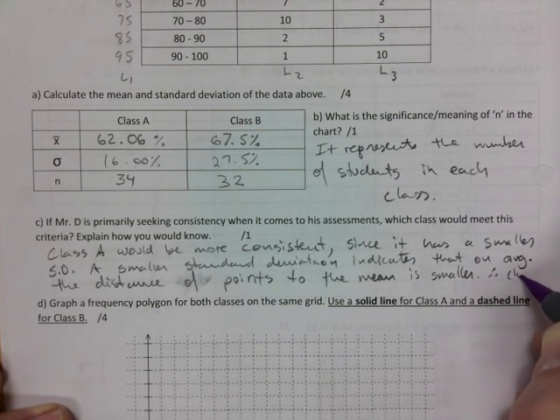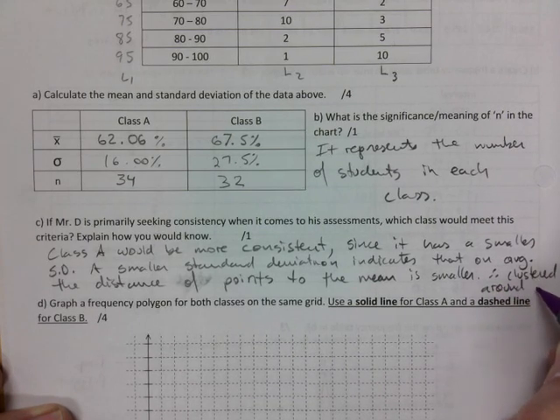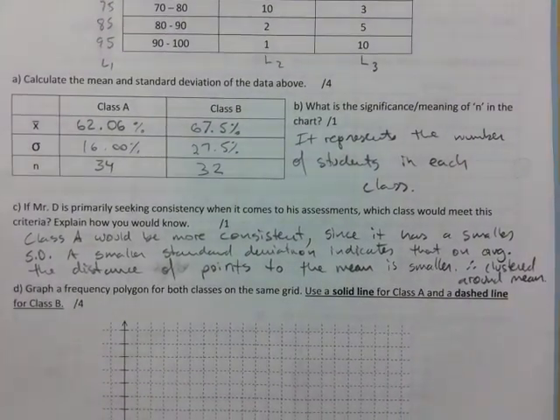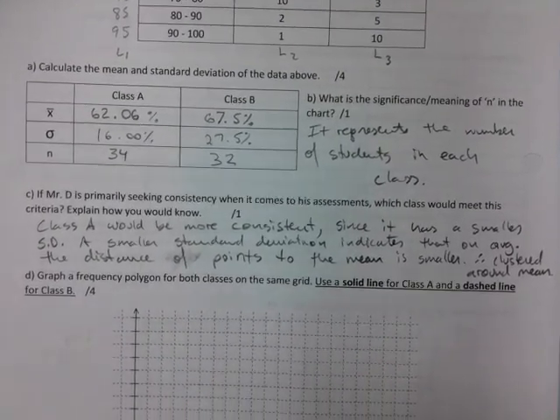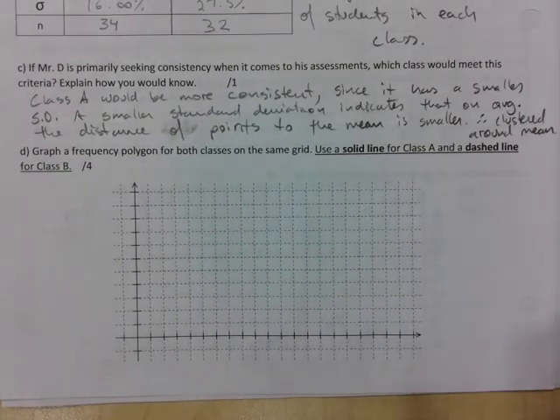Therefore, clustered around the mean. Okay. So that's kind of like the standard answer you would give there. So don't just tell me that that would be the best one. Explain to me why. Let me see that you have an insight as to why that is.